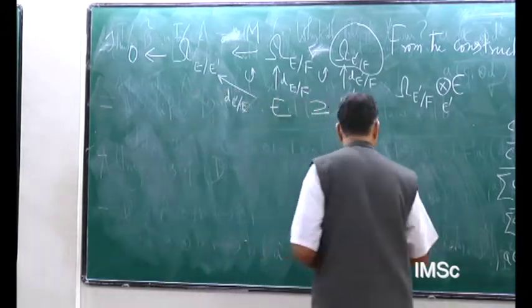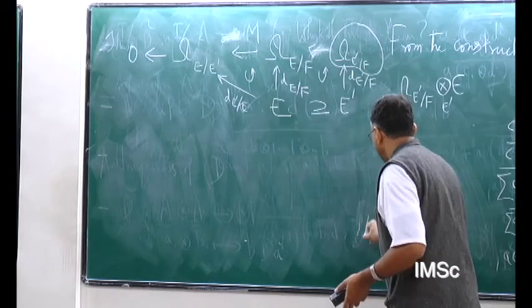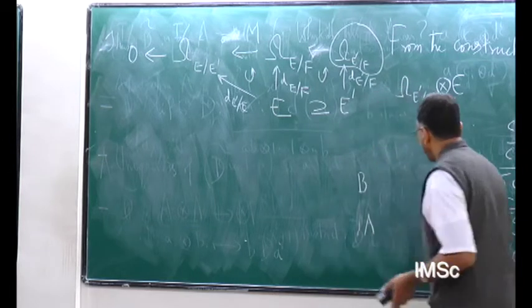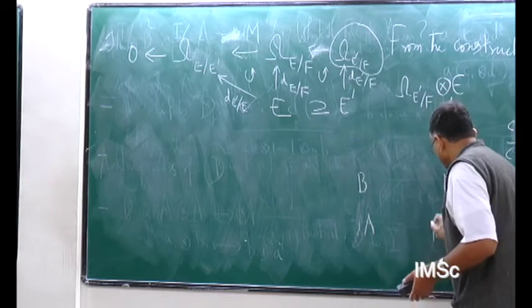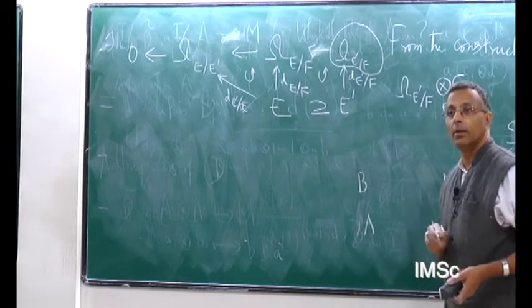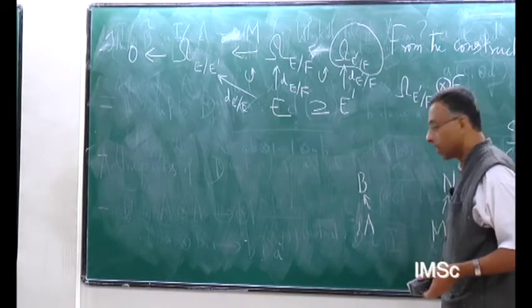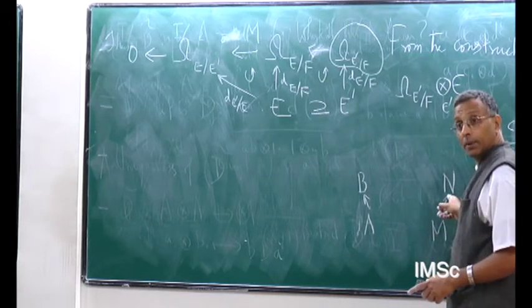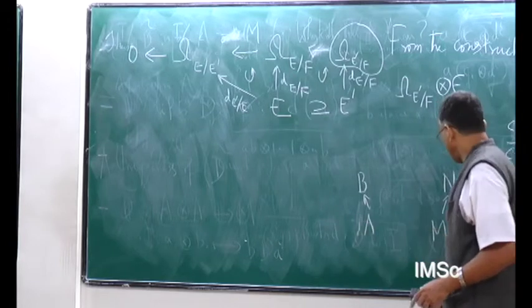So if you have, say, let's take A and B. I have a B module N, an A module M, and an A module map from B to N. Say B is an A algebra. Then this is an A module map where you think of N as an A module by pulling back the structure.